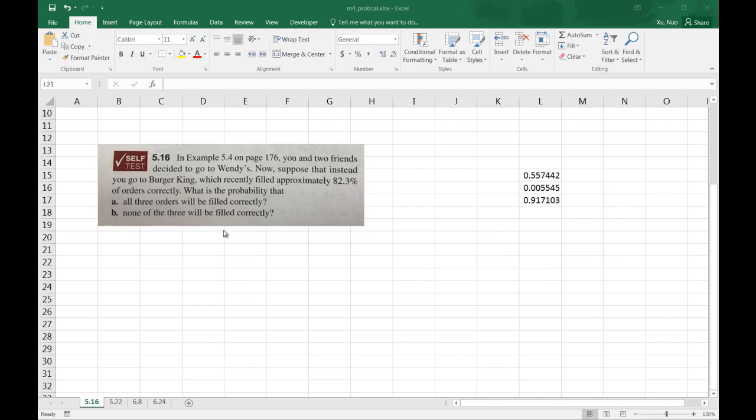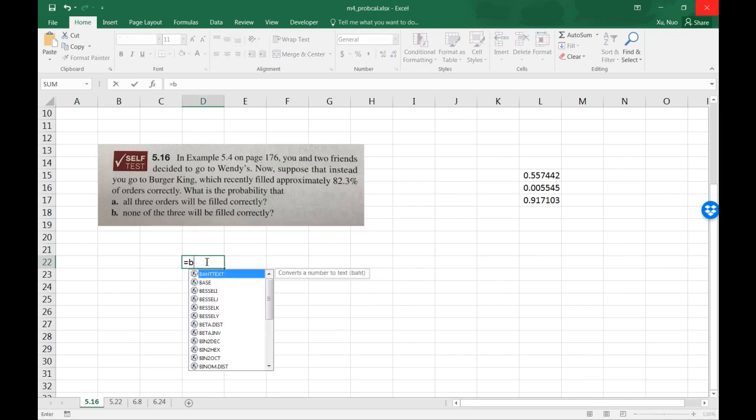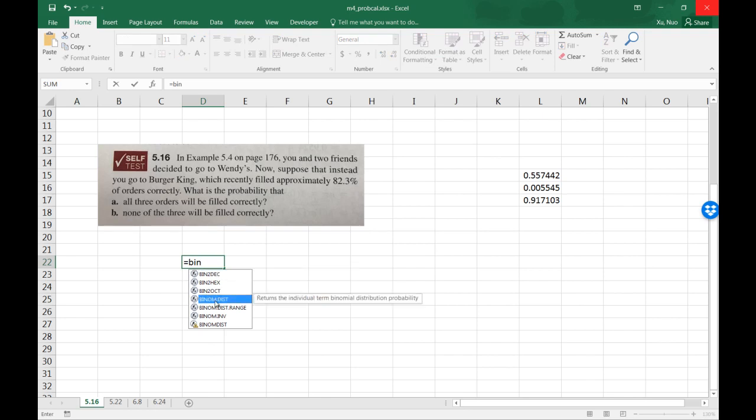Any random quantity coming out of this process follows the so-called binomial distribution. Let's now look at the Excel function that provides the calculation for binomial distribution.